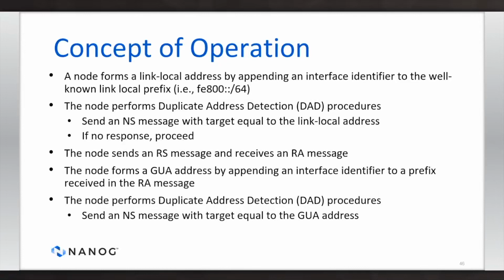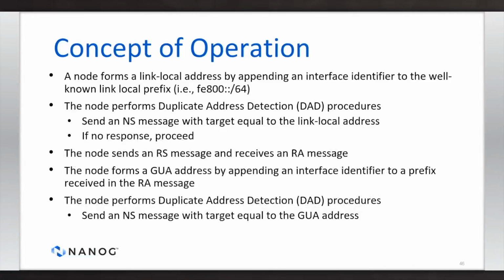If there's no response, that's good news. That means that there is no other node with this address. It can use it. If the node receives an NA message, then there's an issue. He's picked another address, and you need to go in manually and configure it with a link local. But the odds of that happening are very, very slim.